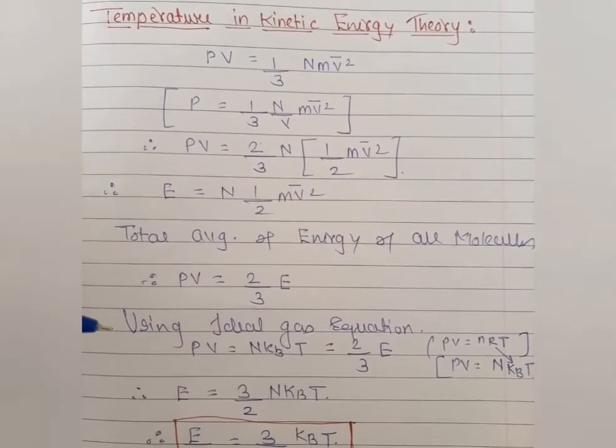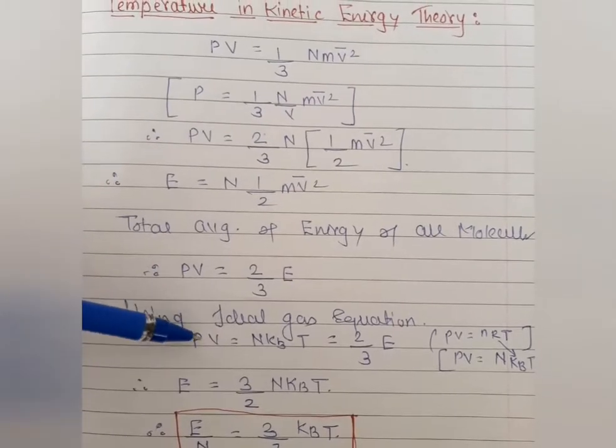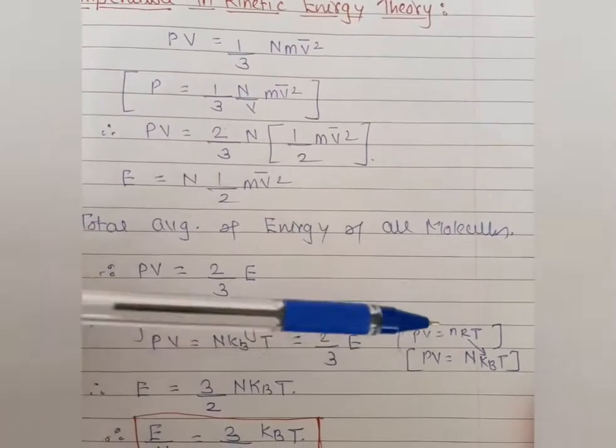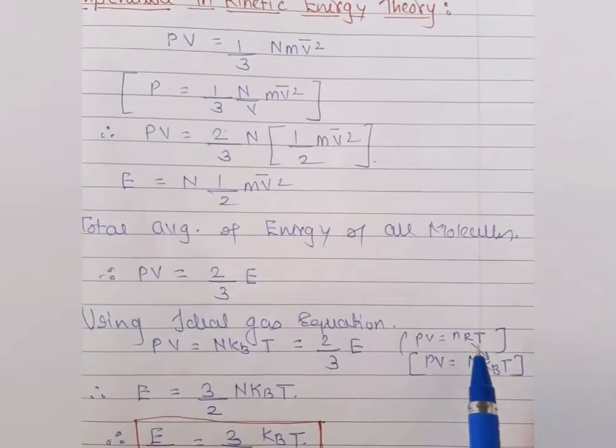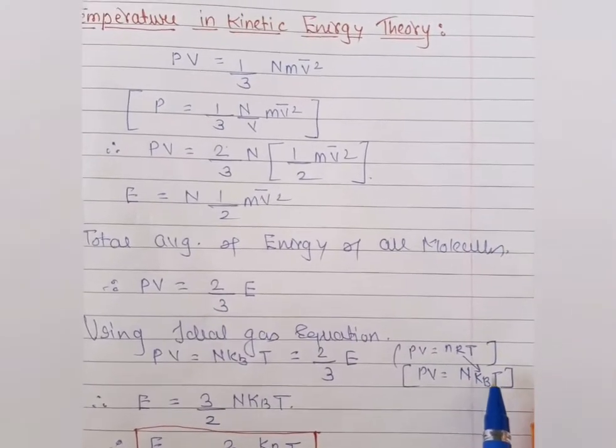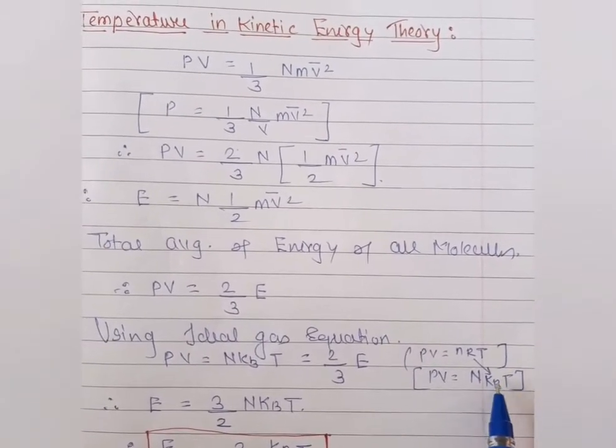Now let's go to the next condition. Here we are applying the ideal gas equation. So here, students, PV is equal to nRT, but here we are taking the total number of molecules, and the gas constant per molecule we are taking as kB, so PV is equal to N kB T, for the kinetic theory of the energy of the gas molecule.